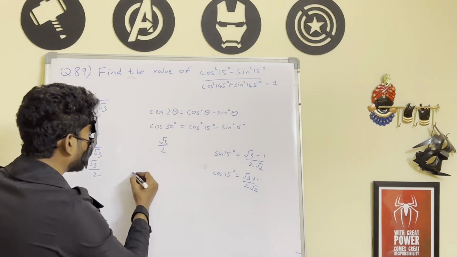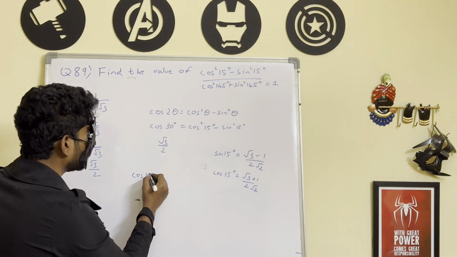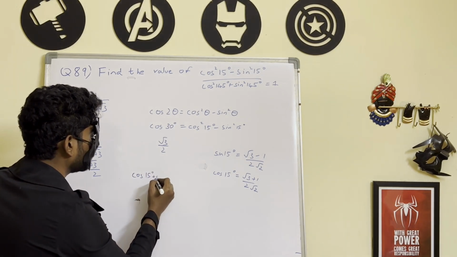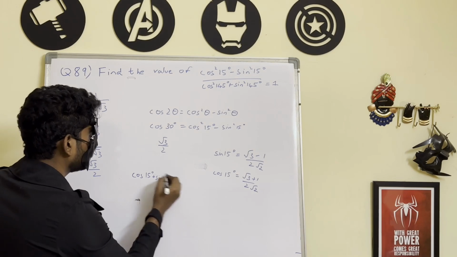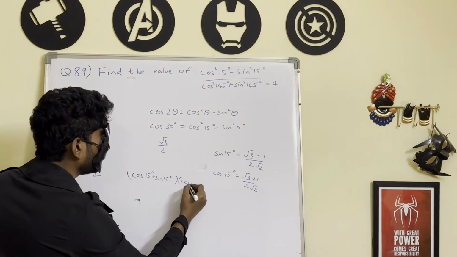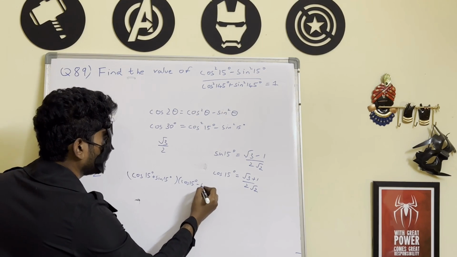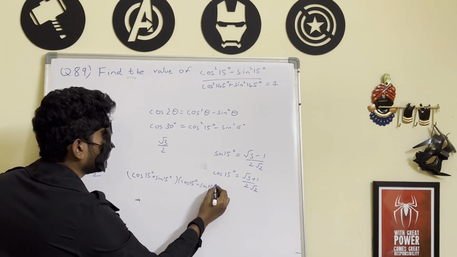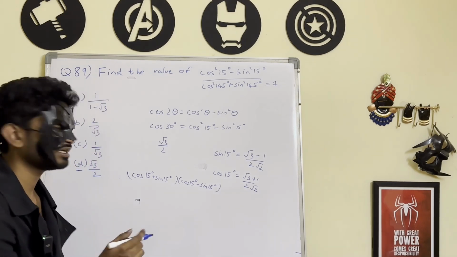So I'll write the above equation as cos 15 plus sin 15 into cos 15 minus sin 15, because a square minus b square is nothing but equal to a plus b into a minus b.